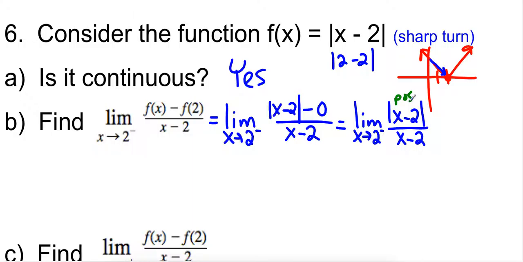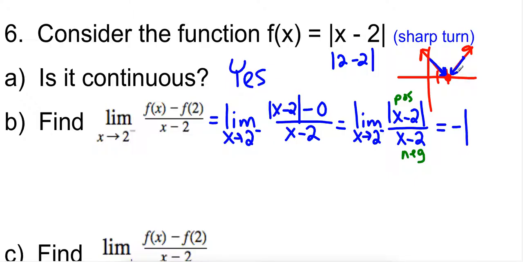Then in the denominator, we take 1.99 minus 2, and we get the same number that we did in the numerator, except this one's negative. So when we take a positive number and that exact same number, except it's negative, and you divide those, you're going to get negative 1, which we can already kind of see. Remember, we're looking at the slope as we approach 2 from the left. Well, the slope's negative 1.